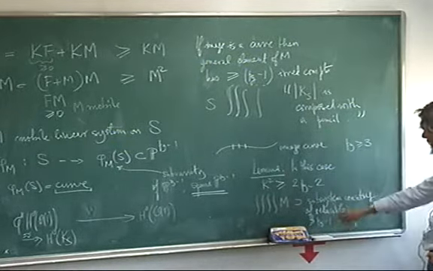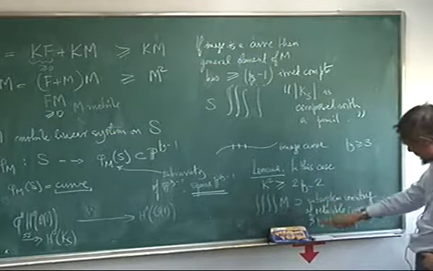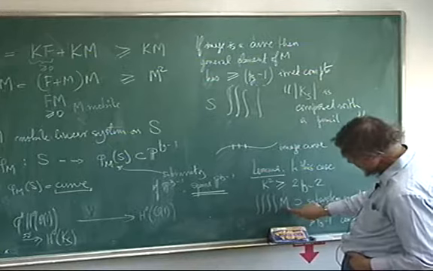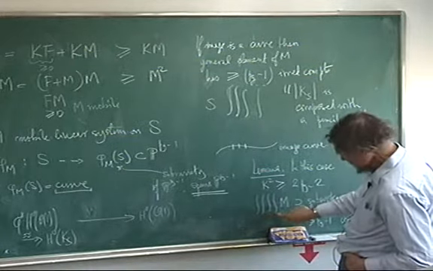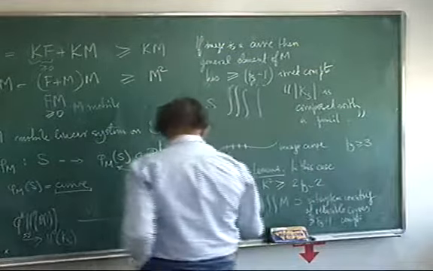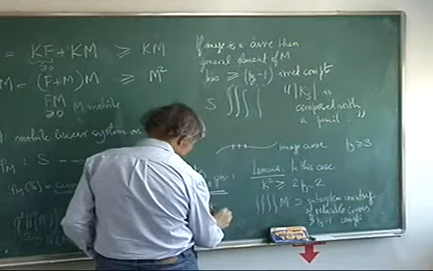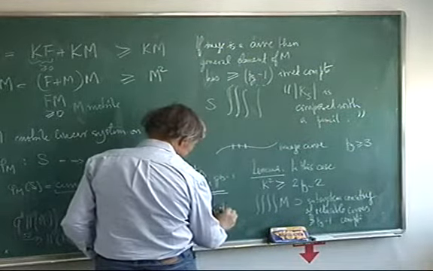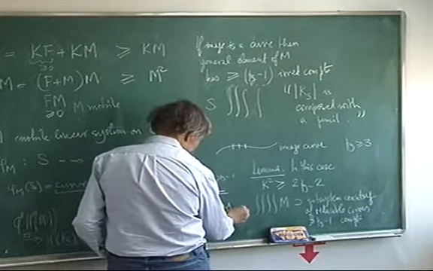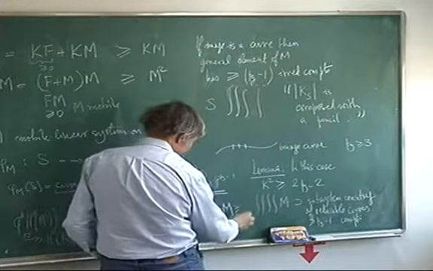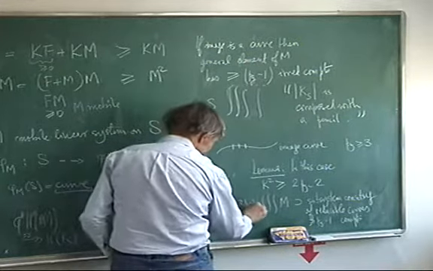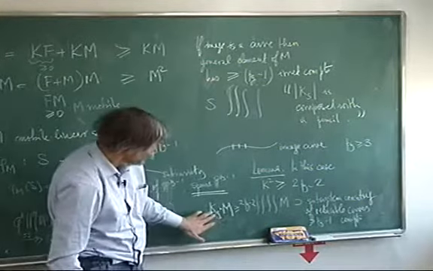So the point is this M contains all these curves. Every element in M looks something like this, containing at least p_g minus 1 curves. So that when I do K_S times M, this is greater than or equal to K_S times each of these curves, and in practice this is greater than 2p_g minus 2. You might say, well, what happens?